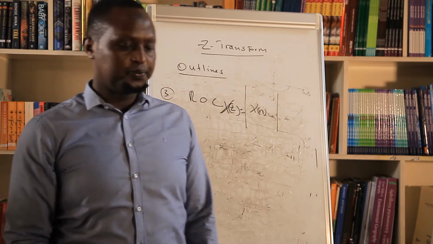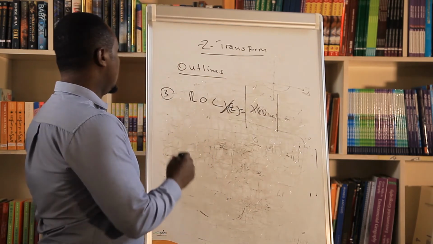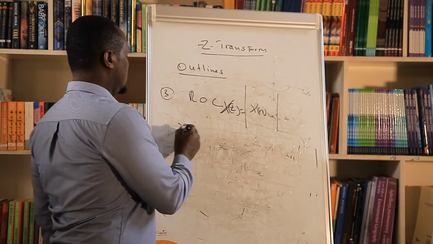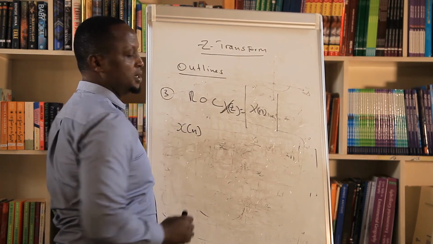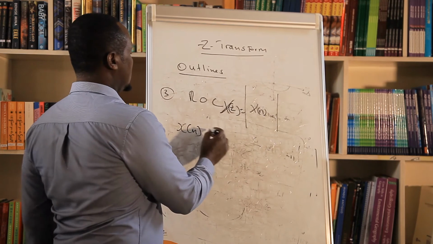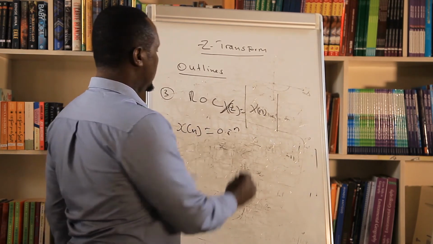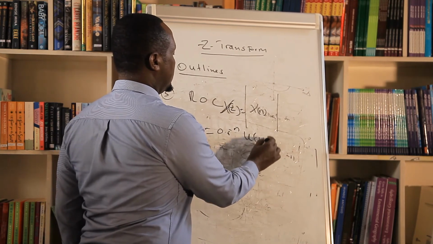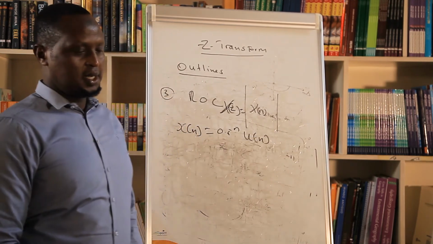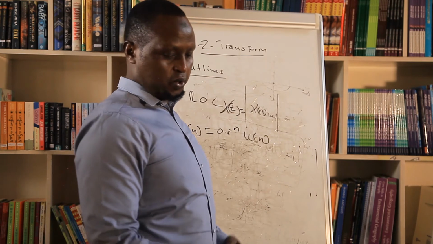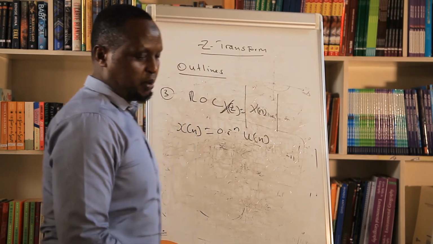For example, suppose you are given a signal in this form, x of n, which is 0.5 power n, u of n, like this. Then they say you calculate the poles and zeros.